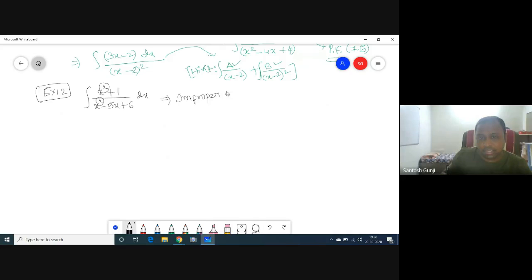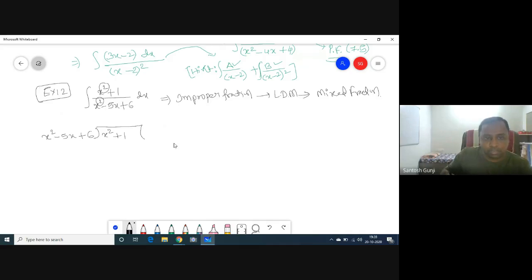So since it is an improper fraction, we will first go with the long division method to convert it into a mixed fraction. This is the purpose of the long division method. You know how to do the long division method, as you have already studied a lot in the previous standards. So we will go with that only.